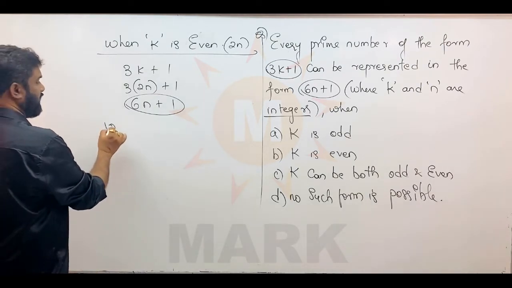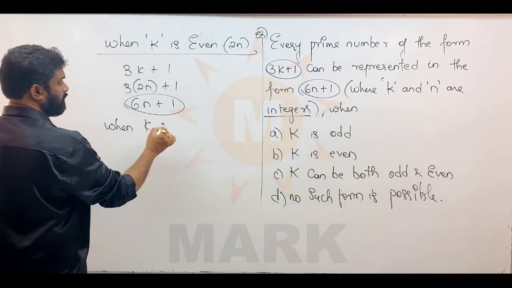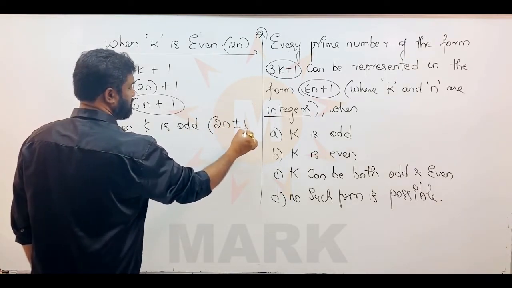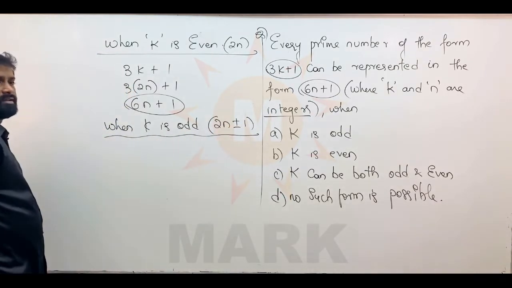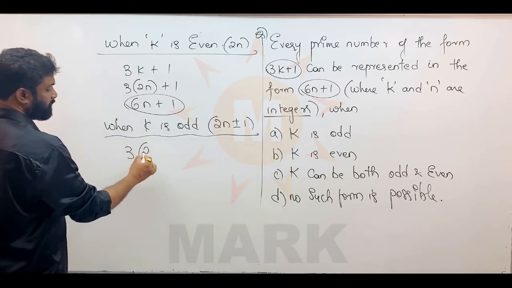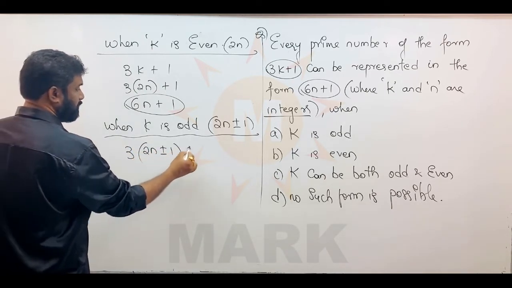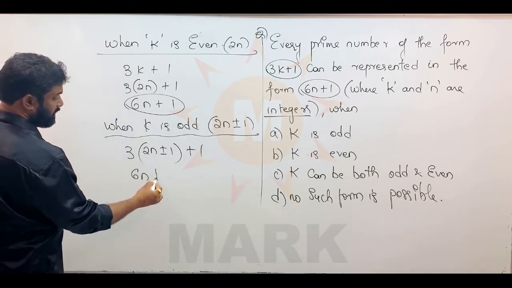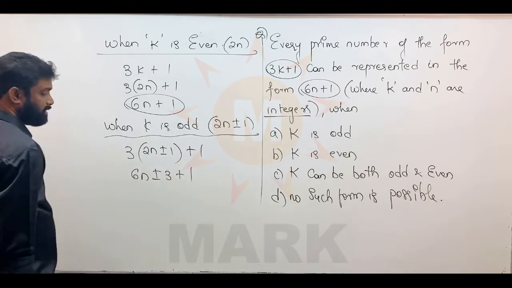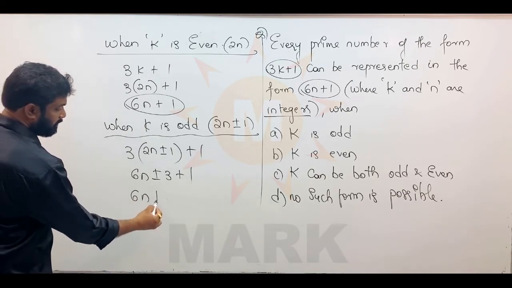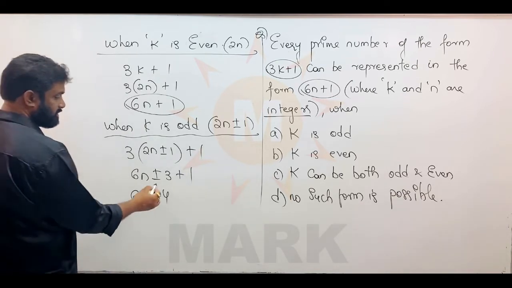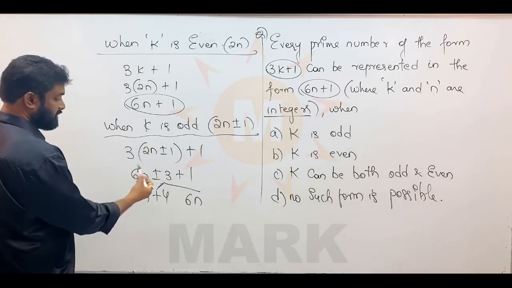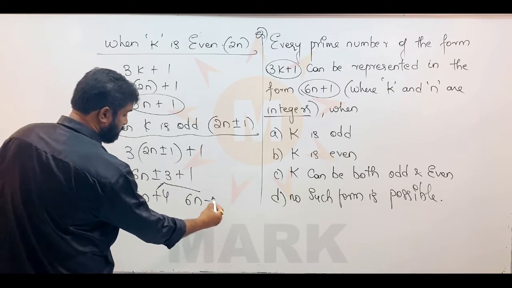Now I am also taking the case of odd. When k is odd, that means it is in the form of 2n plus or minus 1. So 3 into 2n plus or minus 1, plus 1. So 6n plus or minus 3 plus 1. So 6n plus 4, or if I take minus 3 plus 1, 6n minus 2.